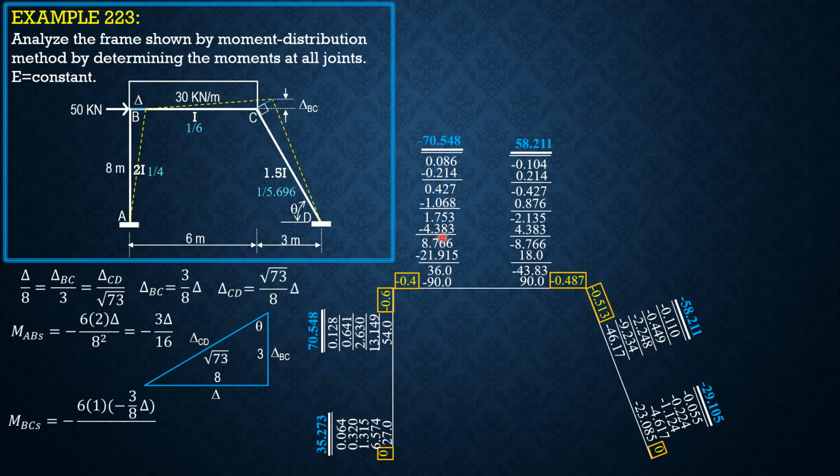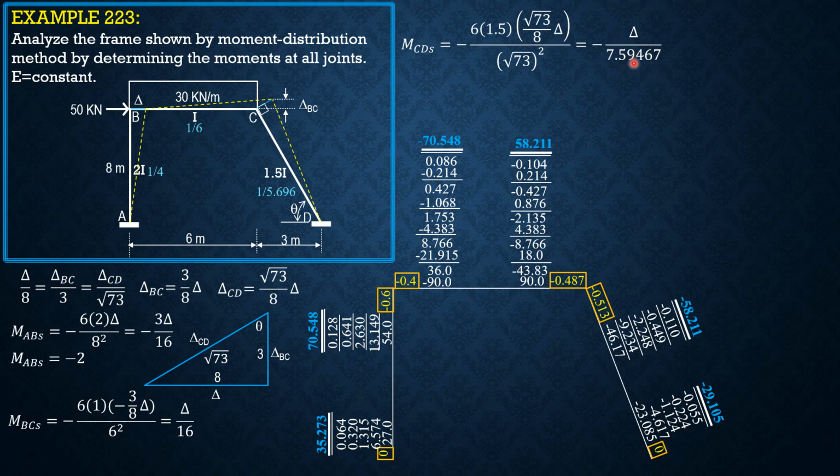7.59467. So therefore, the LCD of the denominators is 16 times 7.59467. So therefore, the moment for AB, the assigned moment is negative 3 delta. Let's take delta 1 over 16. So multiplying this with the LCD, which is 16 times 7.595.